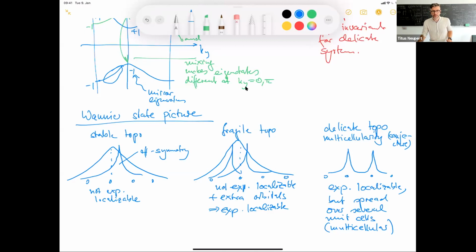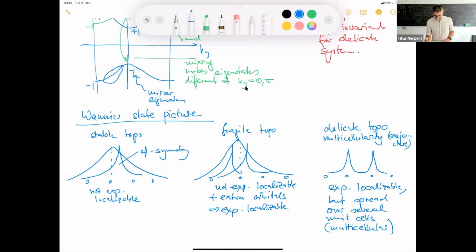And Mikael asks: for delicate types, the Wannier function lattice has still the same periodicity as the real lattice. Yes, okay, good question. So maybe, from my picture, you would assume that you have only half as many Wannier states as you have lattice sites.